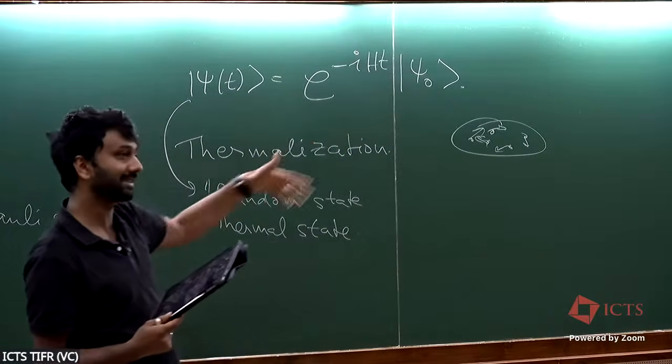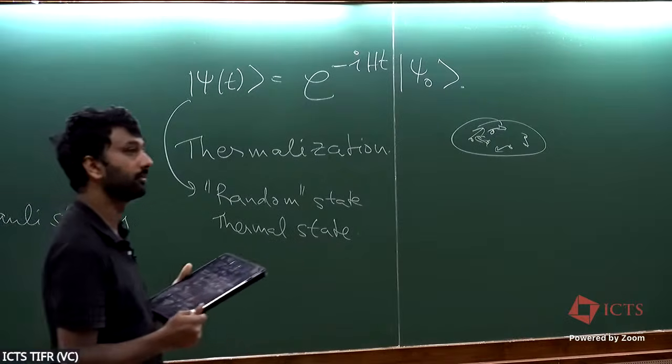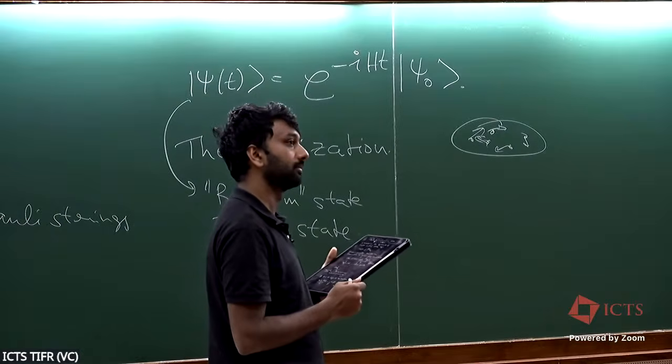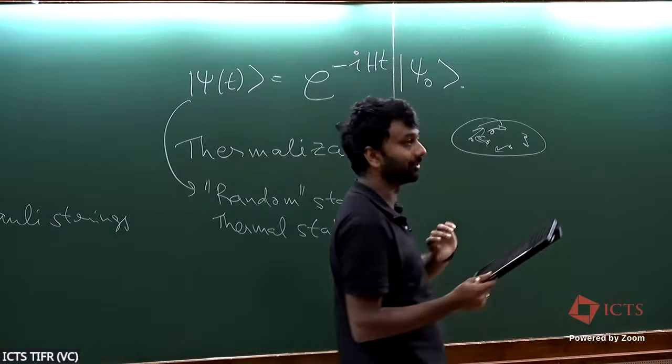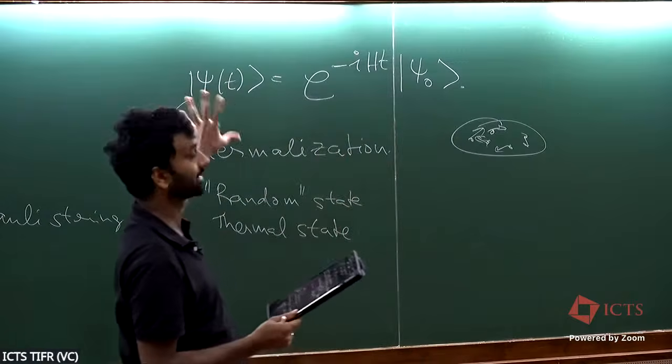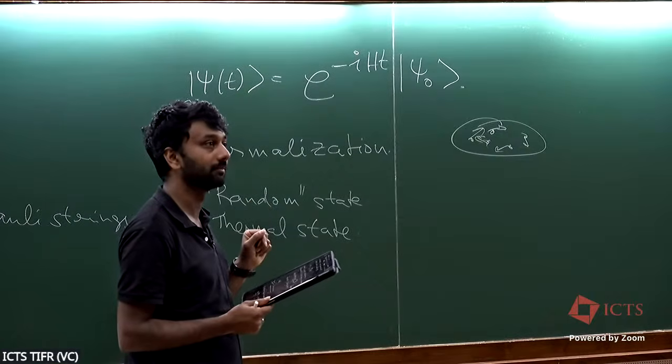Yeah, so there is a sense in which this thermalizes, which I will describe now. The idea is that there is some notion of a temperature of the state, which basically controls all properties. So I'll make that clear.